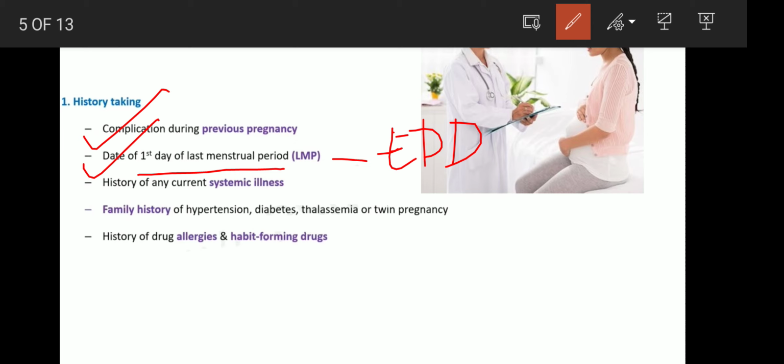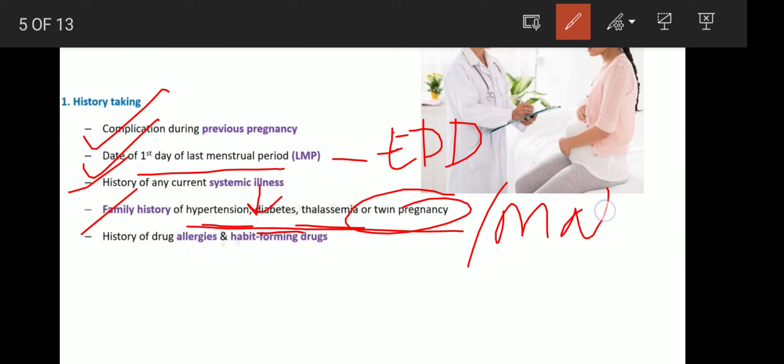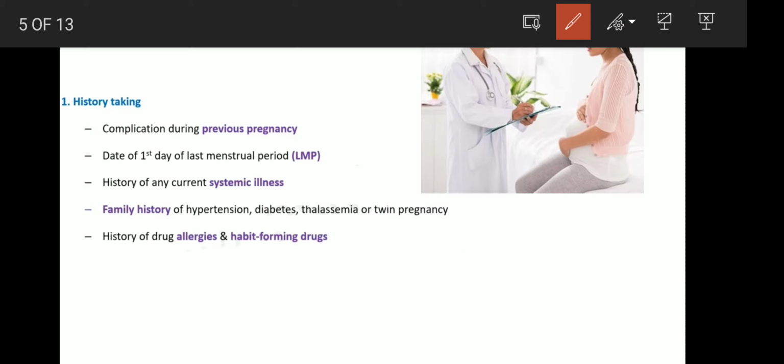Also, the family history of hypertension, diabetes, thalassemia, or twin pregnancy has to be inquired. Family history of twins and also the congenital malformations have to be inquired. Lastly, the history of drug allergies and habit forming drugs have to be inquired.